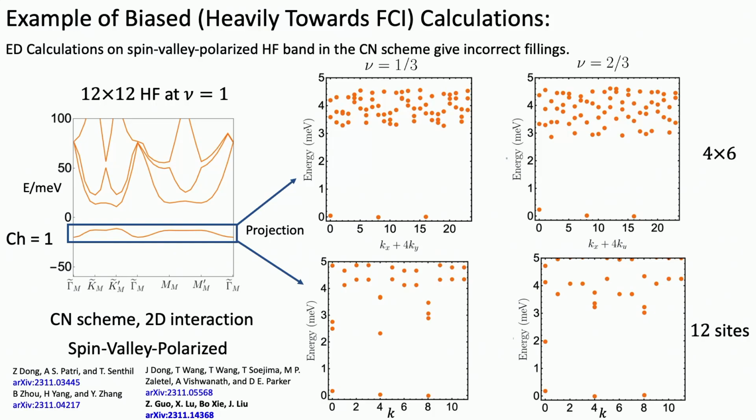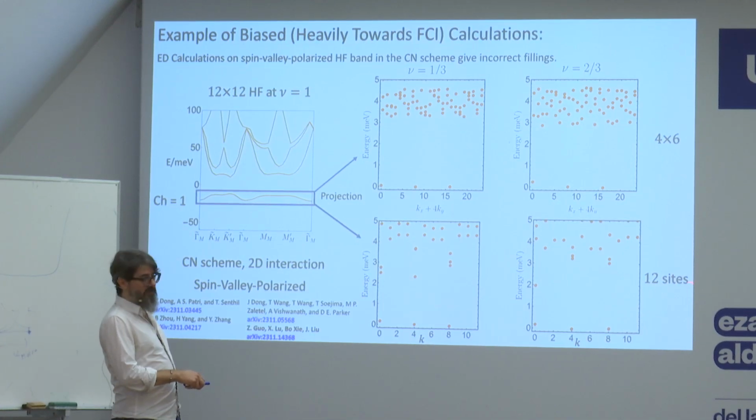Well, we know what happens when you fractionally fill a Chern band: you get fractional Chern insulators. And this is exactly what you get, threefold degeneracy at filling 1/3, 2/3, it doesn't matter. Any fractional filling you put here, you're going to get a fractional Chern insulator, basically. Even with a small number of sites, you get it.